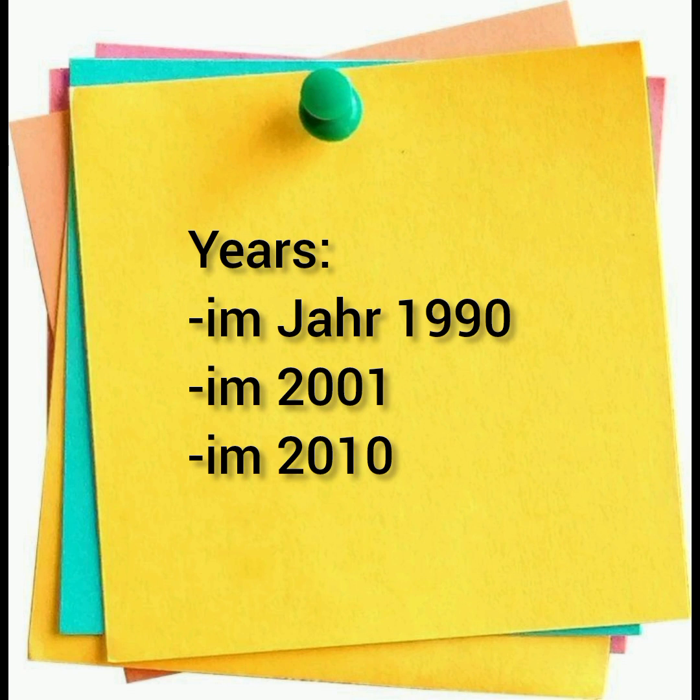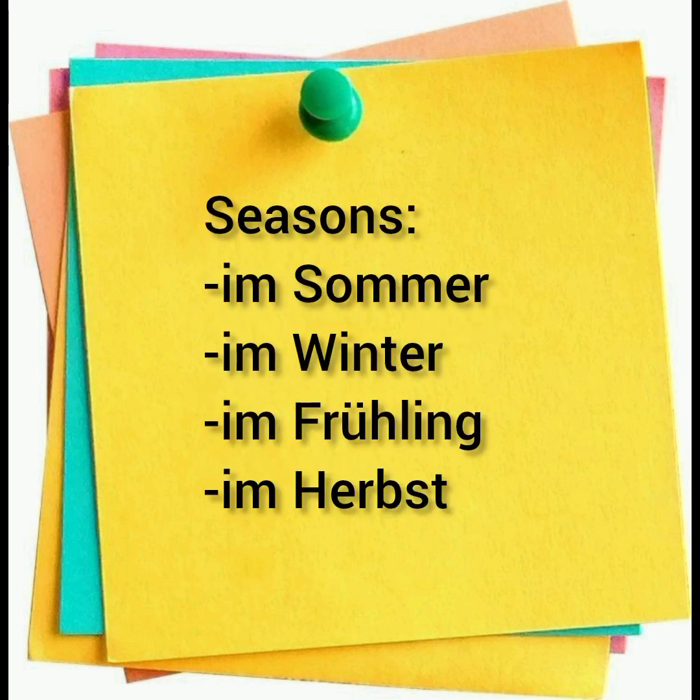So remember, im is used also for years. The third use of im is in seasons. Examples, we have the four seasons: im Sommer, im Winter, in summer, in winter, im Frühling, Frühling is spring. And then we have im Herbst. Herbst is autumn. So for the four seasons also we use im.